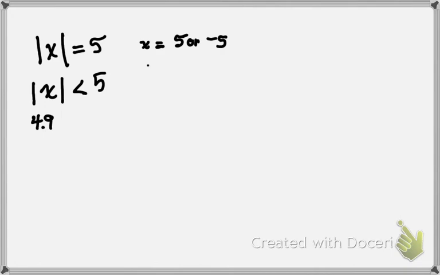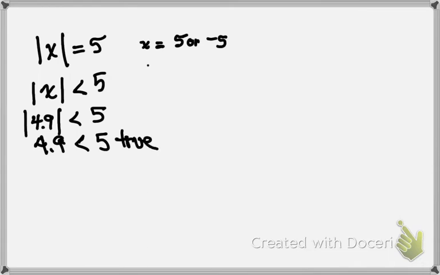The absolute value of 4.9 is positive 4.9, less than 5, and this is true. And this is also going to be true for negative 4.9. The absolute value of negative 4.9 is also 4.9, less than 5, and this is true as well.